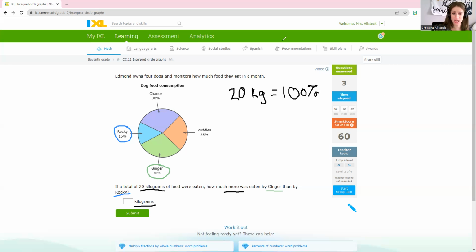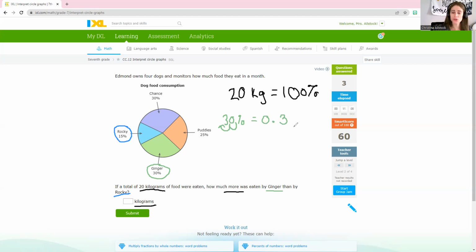So remember, the first step when you're trying to find percent of a number is we need to change that percentage into a decimal. So we change our 30% into a decimal by moving your decimal point 2 places to the left, which gives us 0.30, otherwise just known as 0.3.